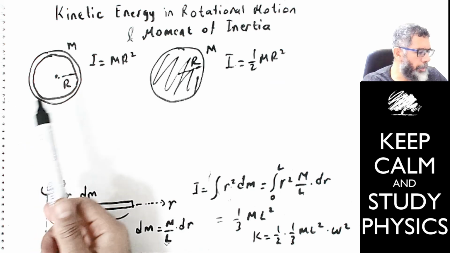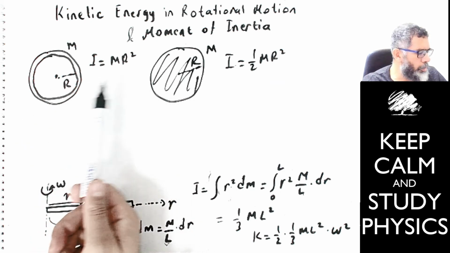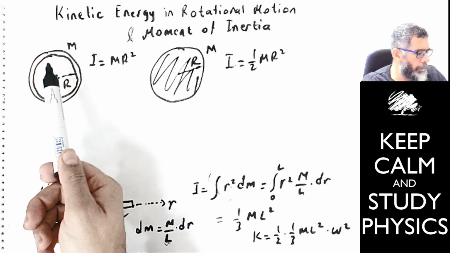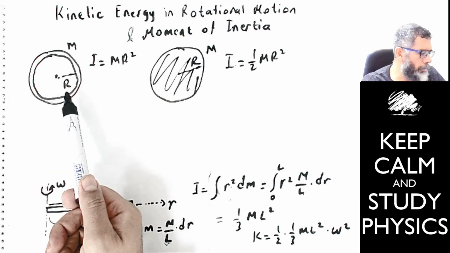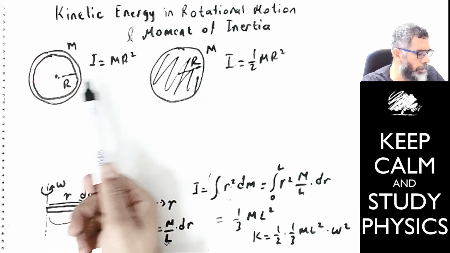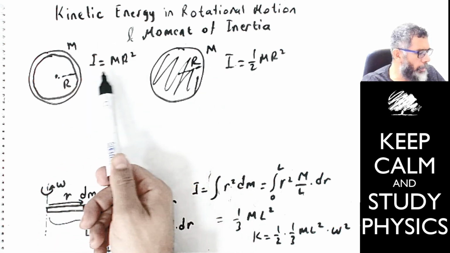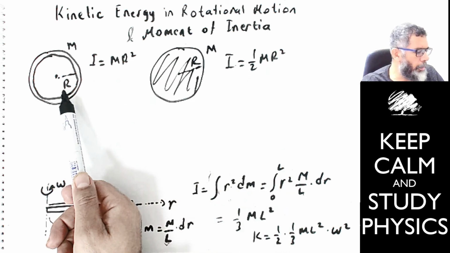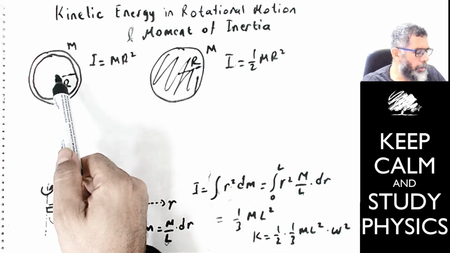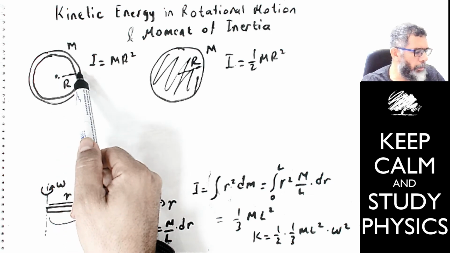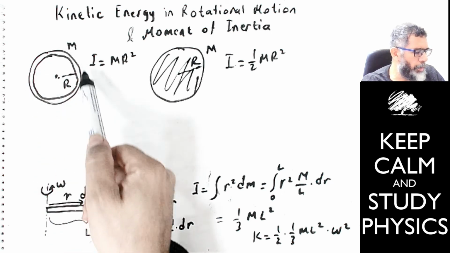If you compare these two objects, the disk and the hollow disk or wheel, having the same radius and the same mass, why do you have different moments of inertia? In the case of the wheel, all of the mass is at the same largest distance from the center of rotation.